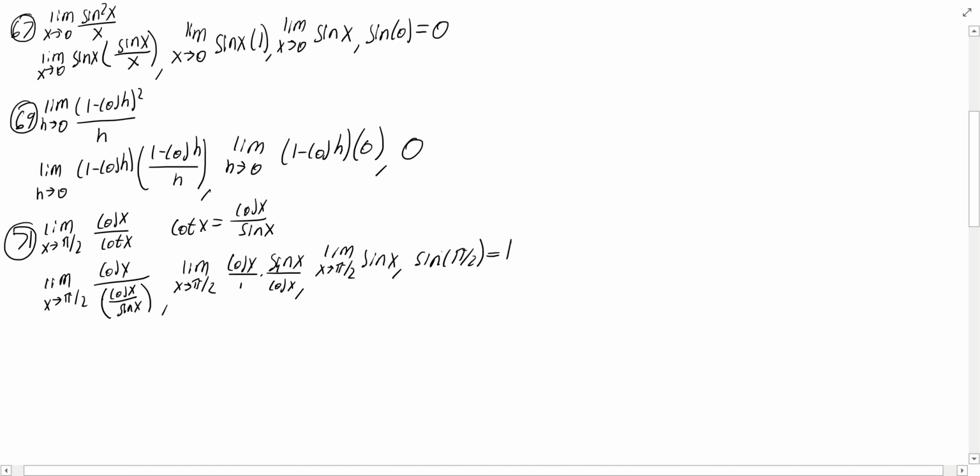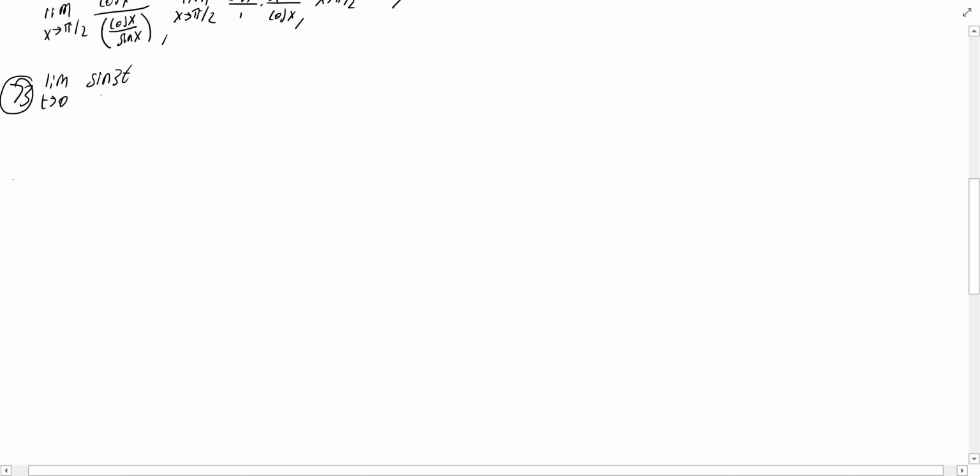And so if I scroll the page here real quick, oops, that was a little much. We have 73. And so in 73, we have the limit as t goes to 0 of sine of 3t over 2t.